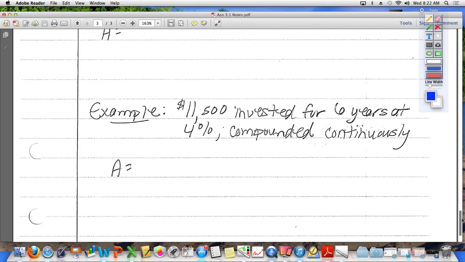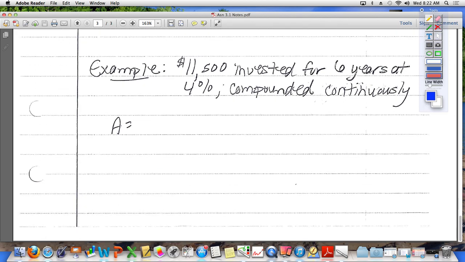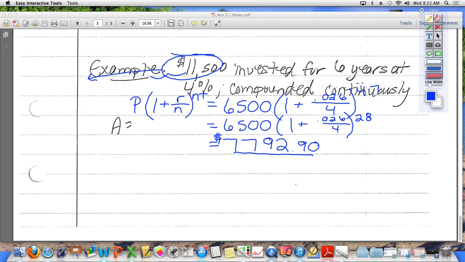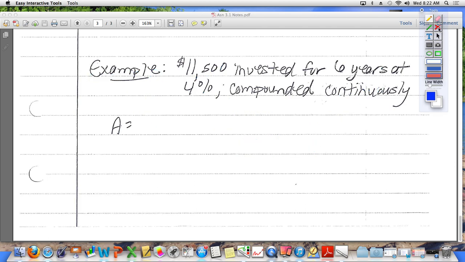This one, interest is being compounded continuously. When it's being compounded continuously, what are you going to use? Yes, you're going to use the PERT formula. So A is equal to P times e to the rt power.